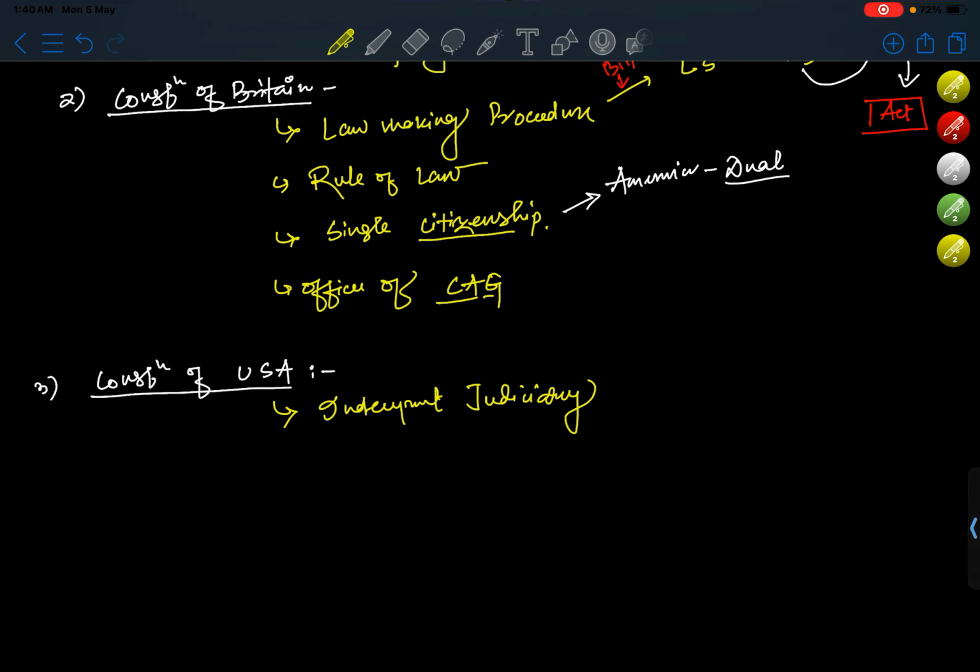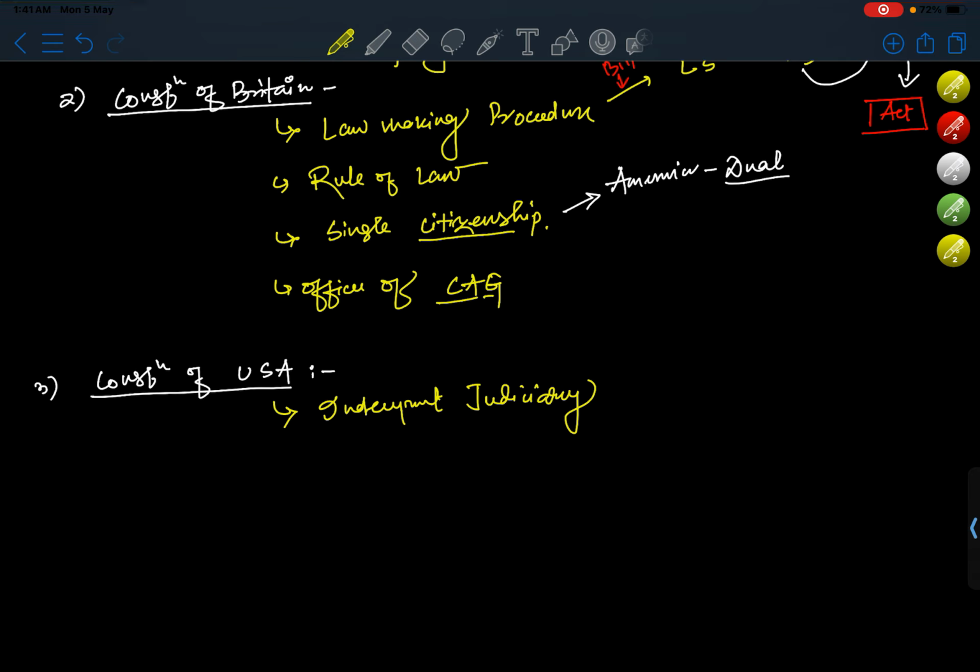If any law violates the basic structure or anything, then that bill or act is declared by the judiciary as ultra vires. So that bill or that act just lapses.